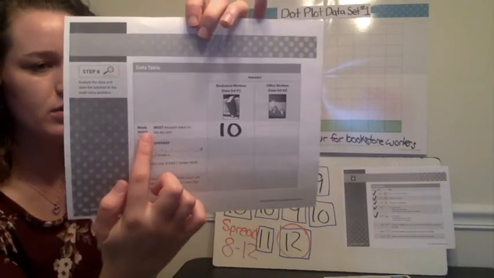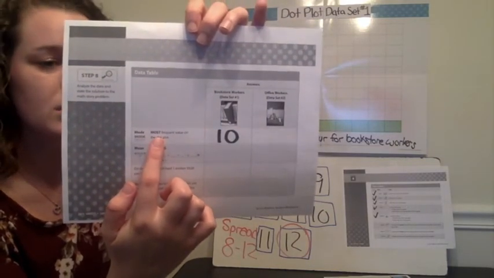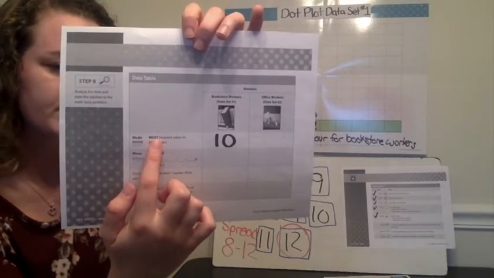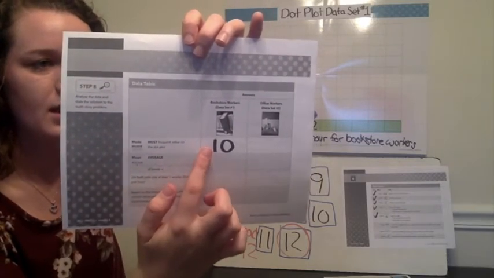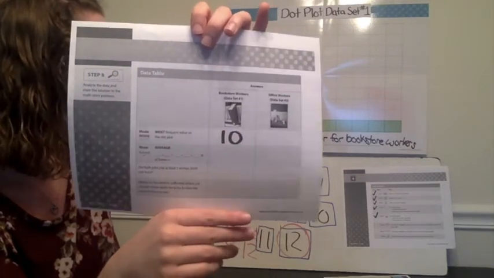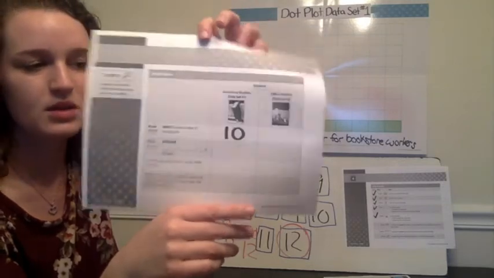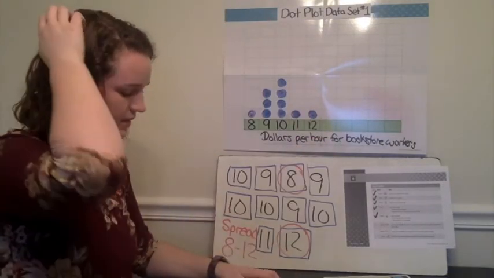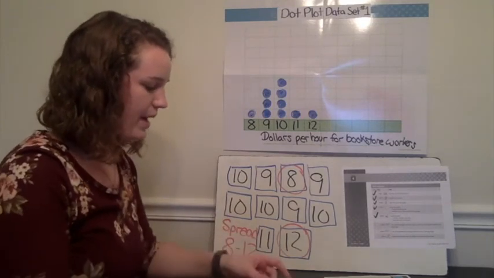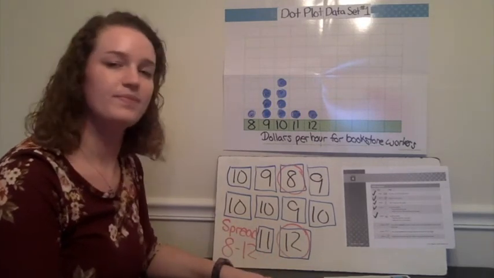The mode, which is the most number, the highest number. And for data set 1, it's 10. All right, let's go ahead and put that on there. And then we're going to put this paper aside because we're going to come back to it. All right?